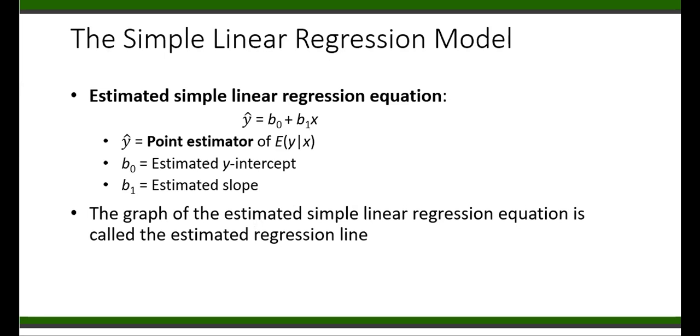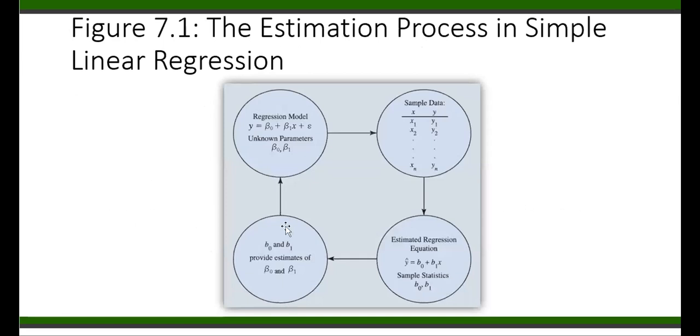computed using our sample, all right? So to summarize this whole process, we have a population or true regression model that explains the true linear relationship between x and y, and we have the error term here. These are all unknown parameters, beta 0 and beta 1.